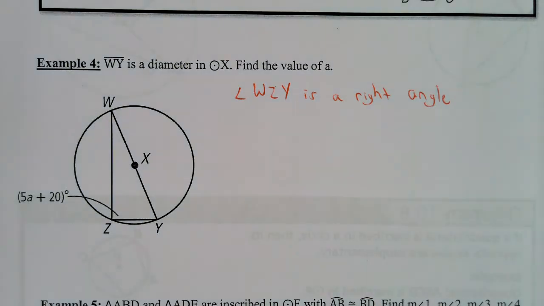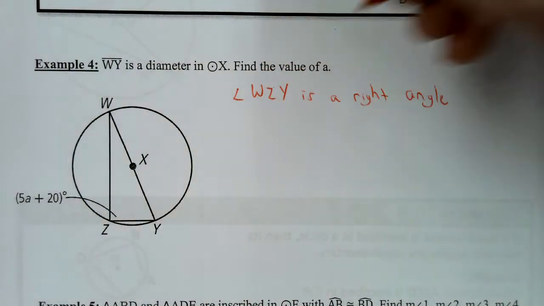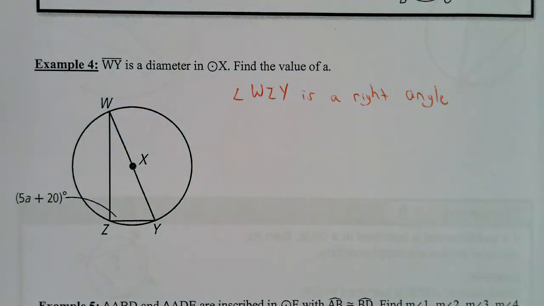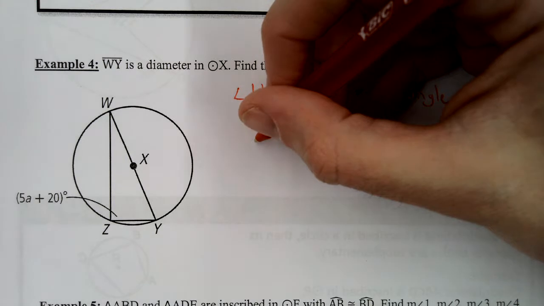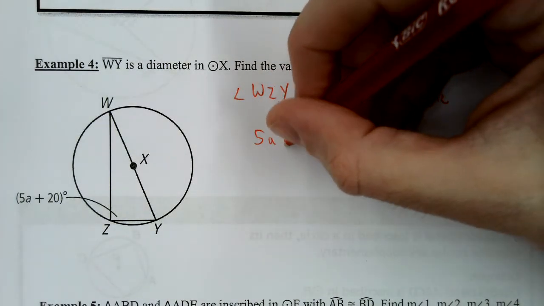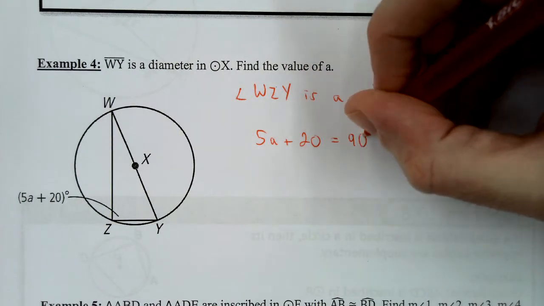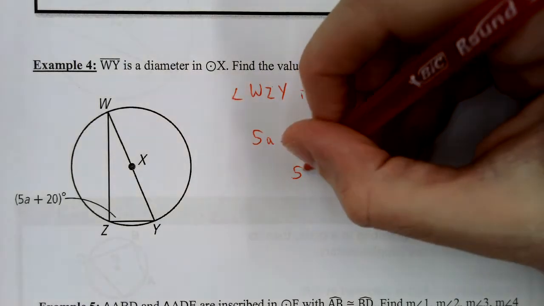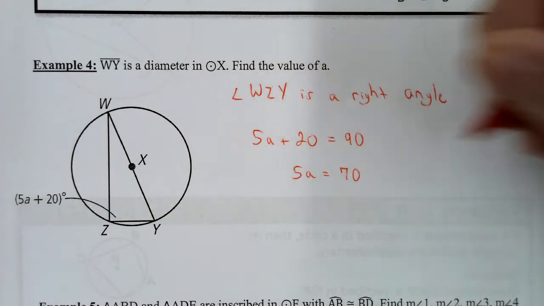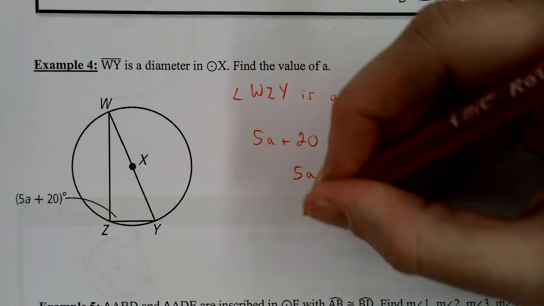You don't have to write that out. I'm just doing it so you see it. So that means that angle WZY equals 90 degrees. The measure equals 90. So I'm going to do 5A plus 20 equals 90. Solve that for A. Okay. Subtract 20 on each side. 5A equals 70. Divided by 5, A equals 14.